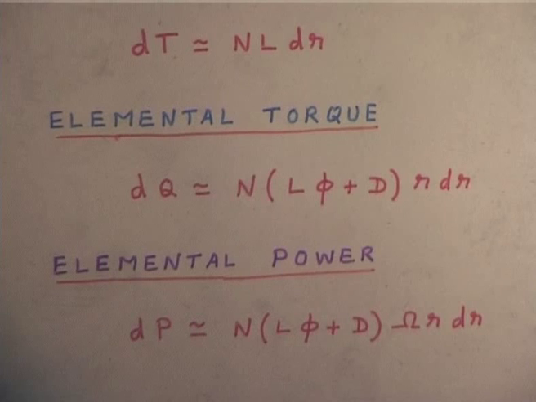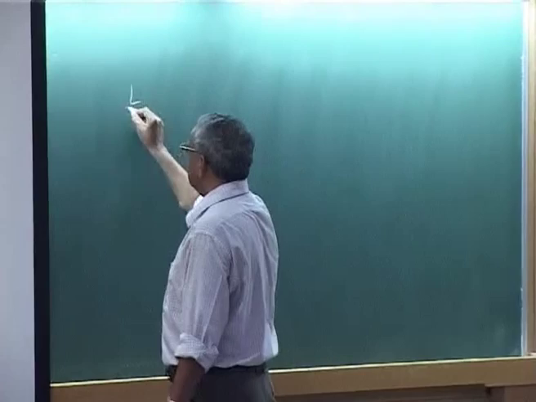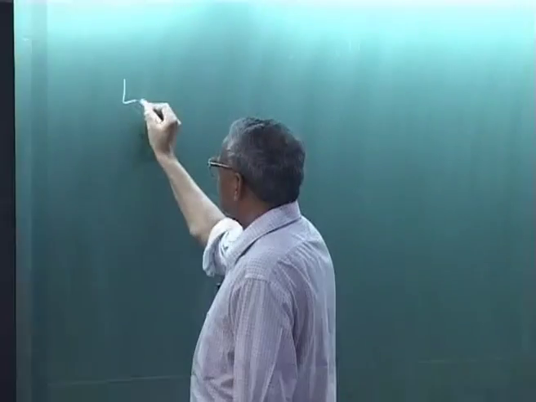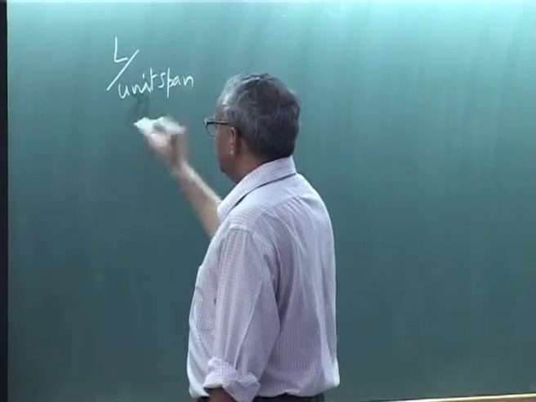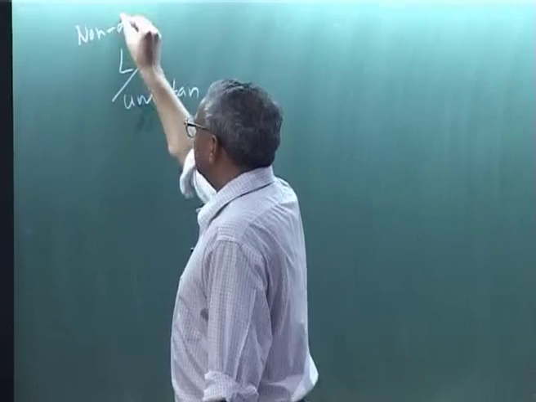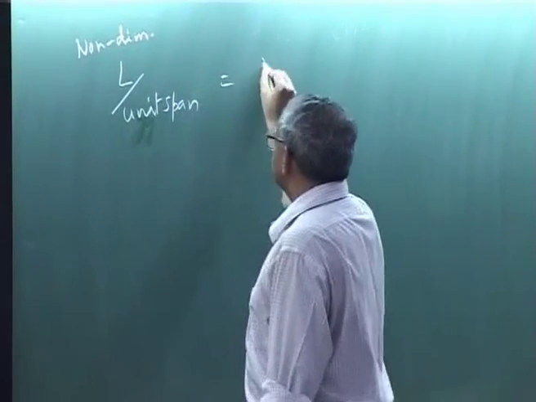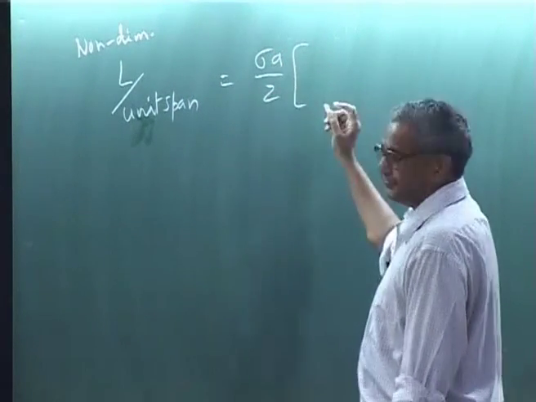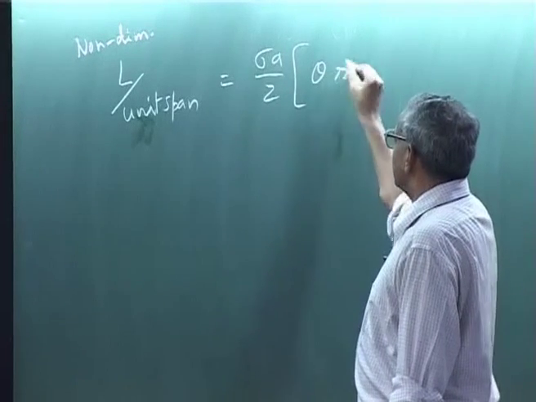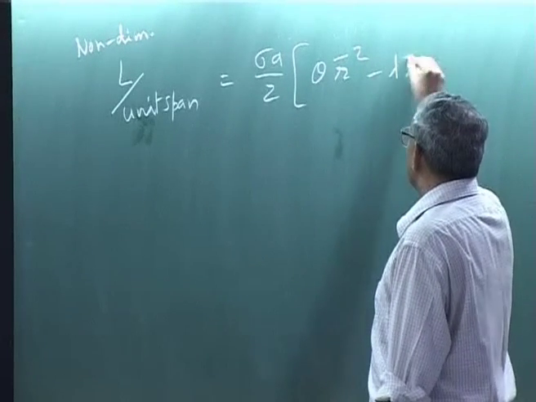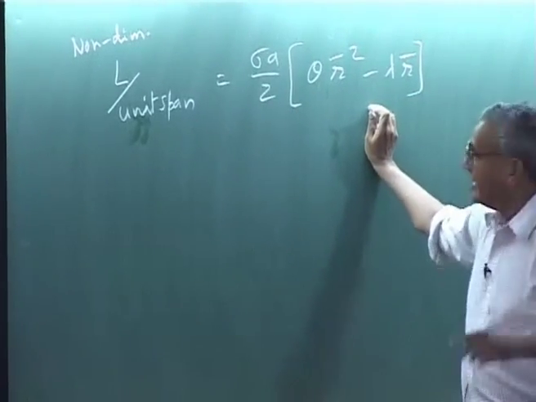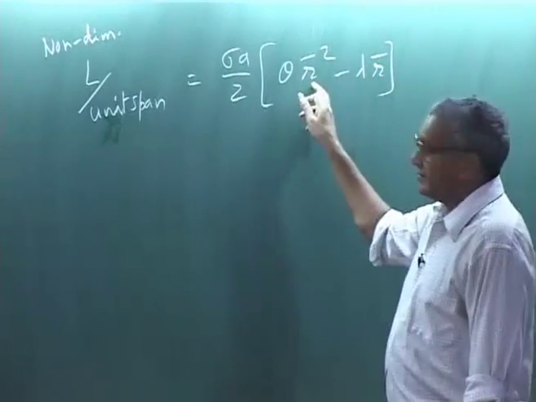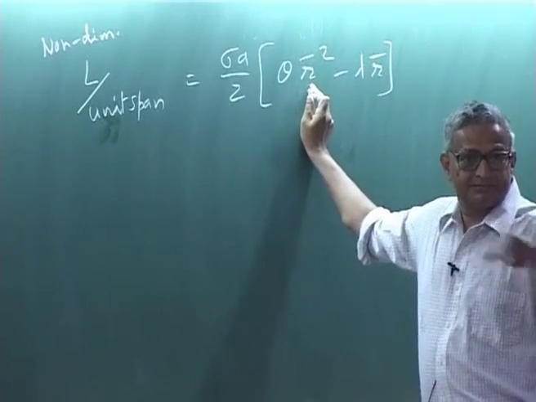Now, if we plot that expression, the non-dimensional lift per unit span, sigma a over 2, this is what we had. How is this lift varying?